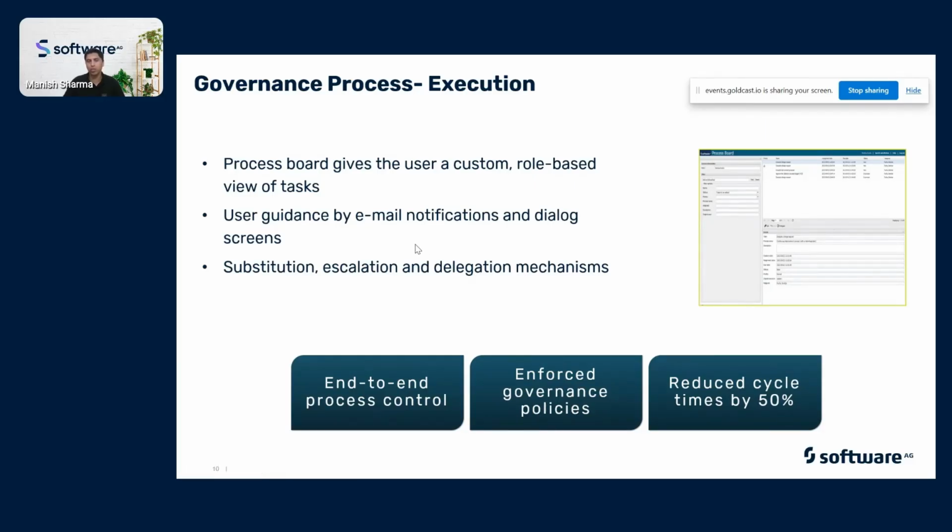It is role based, so you have different roles like modeler, process owner, center of expertise, and they receive their own notifications depending on the tasks assigned to them. Apart from that, there's also the concept of substitution and escalation, as well as delegation. So when I'm working with ARIS, I can delegate tasks to somebody else.